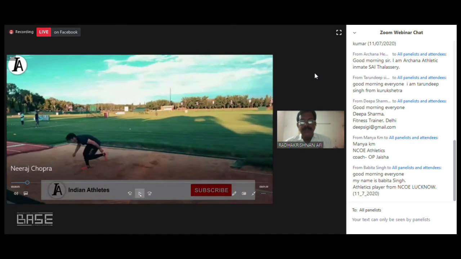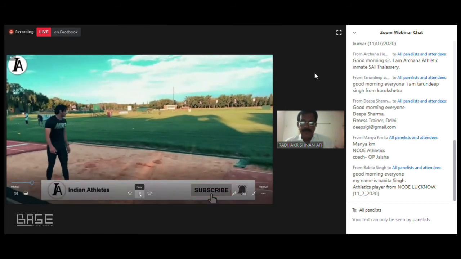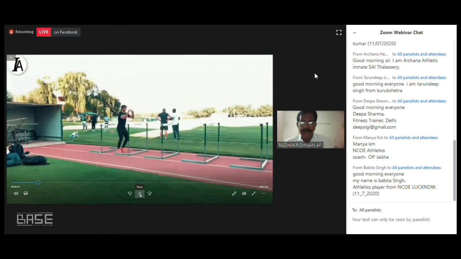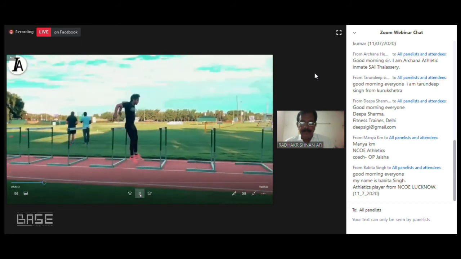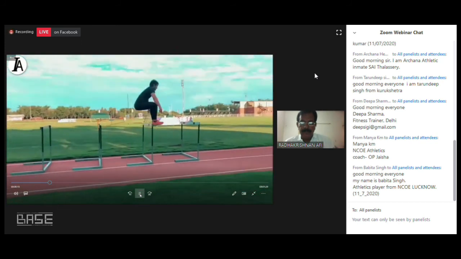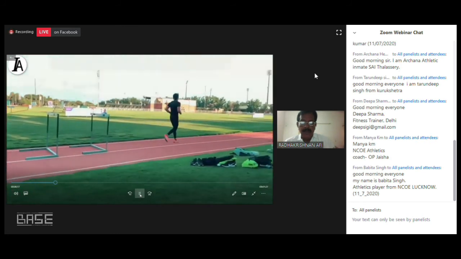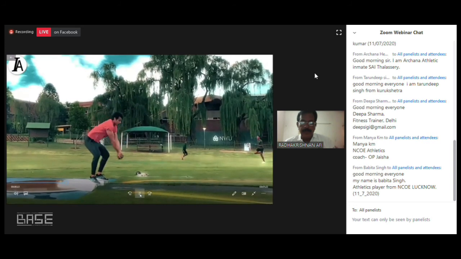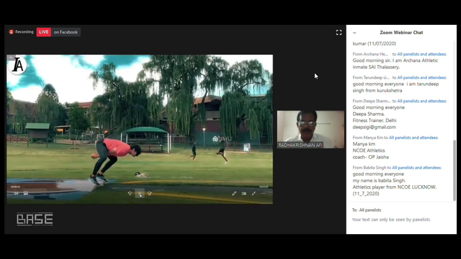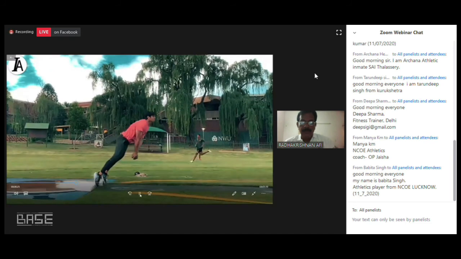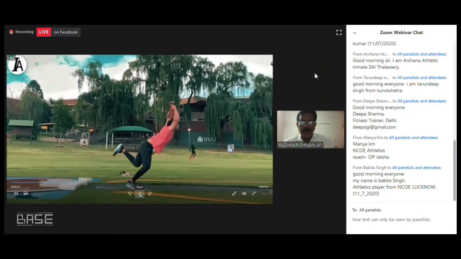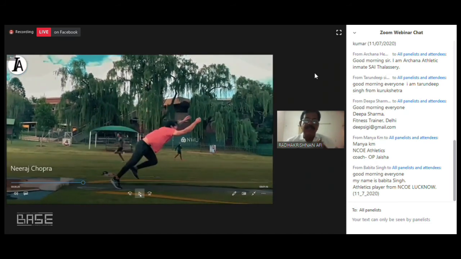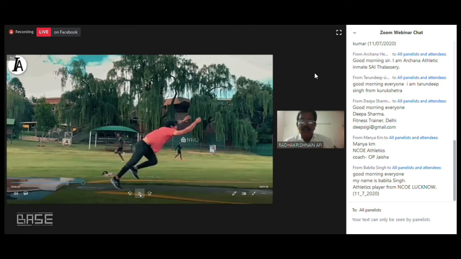This is, of course, to develop the strength as well as the coordination. You can see he is using bigger muscle first and the small muscle later.